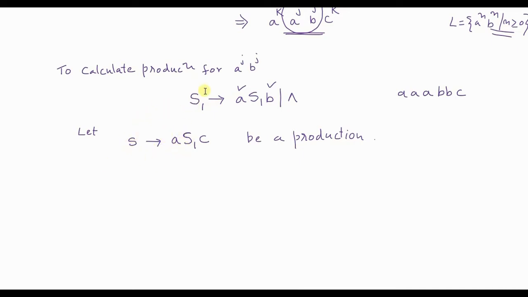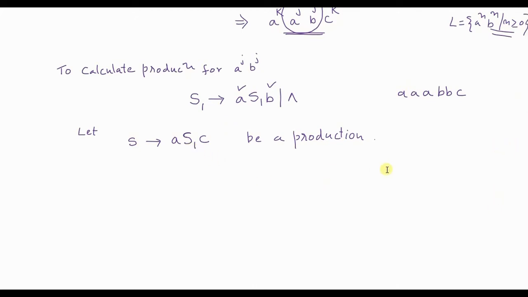So obviously out of these two, let us consider that this is the start production and S is the start symbol. Now this string is valid only if from the start symbol S I am able to derive it. So let's see whether whatever productions I have written are correct or not.